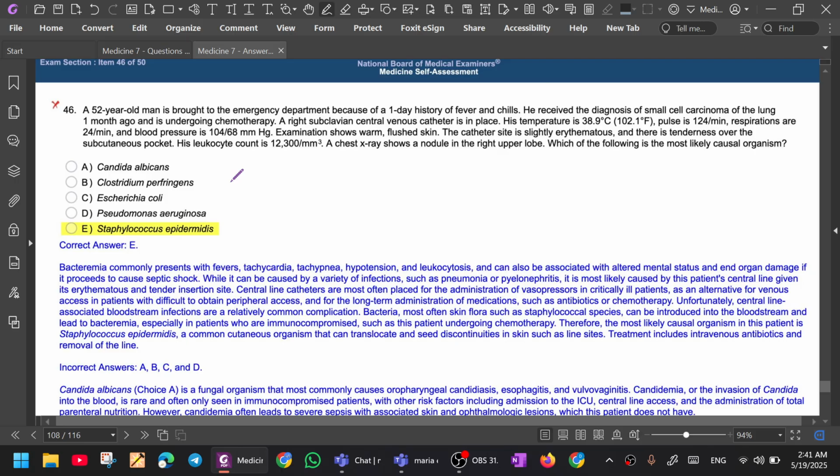Therefore, the most likely causal organism in this patient is Staph epidermidis, a common cutaneous organism that can translocate from the skin, such as at the line site. Treatment includes IV antibiotics and removal of the line.